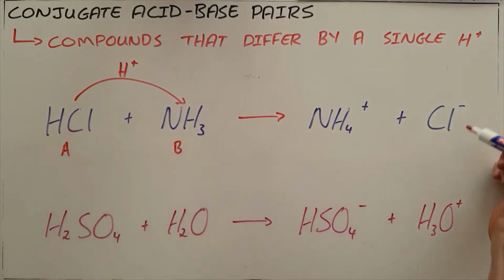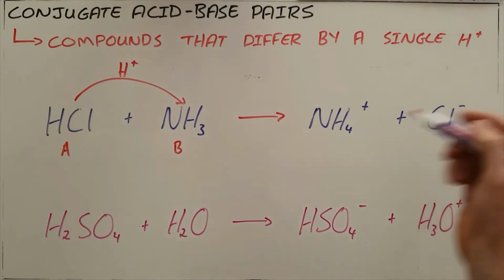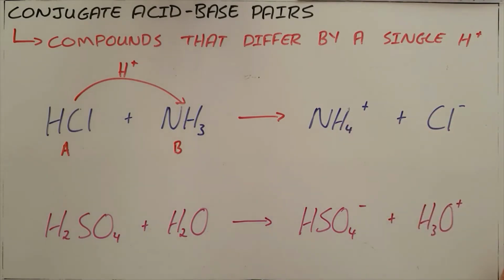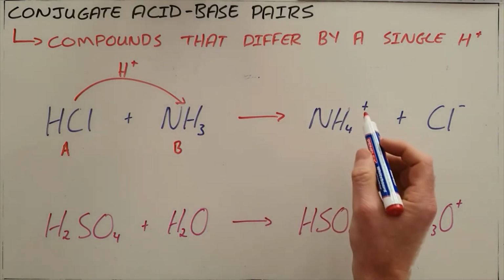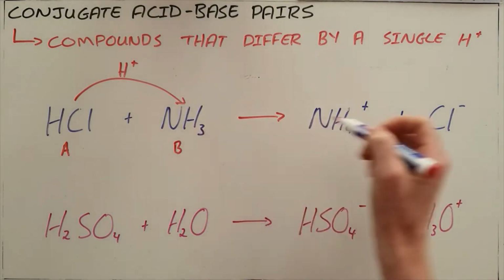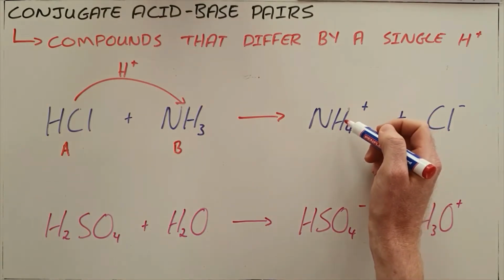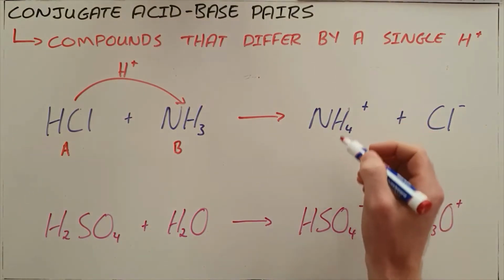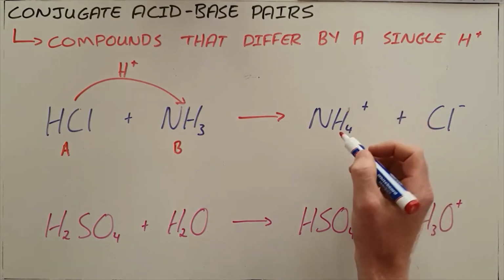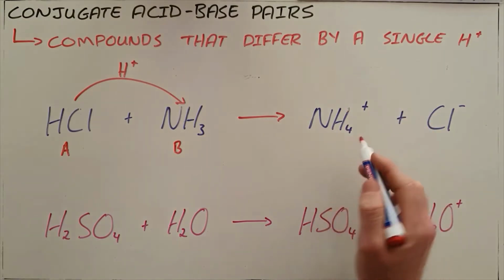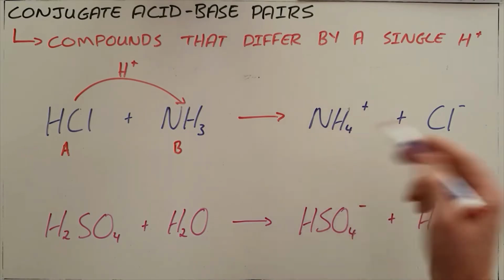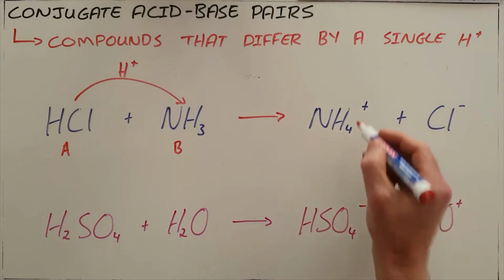That creates a negatively charged chloride ion and a positively charged ammonium ion. Since NH3 has now accepted an additional proton, one more than it originally had, to become NH4+, we can see that NH4+ ammonium is now in a position to donate the proton that it has just received.